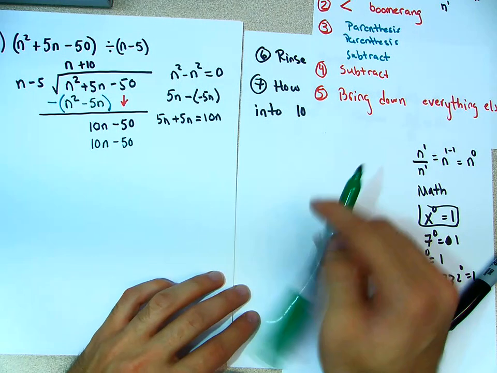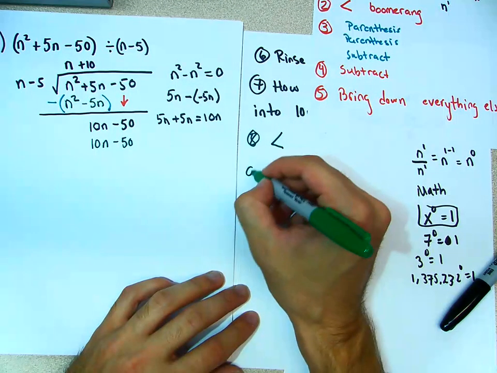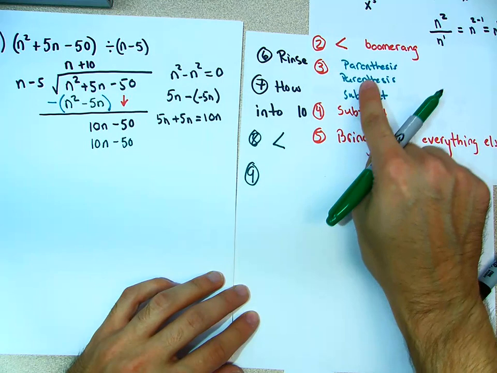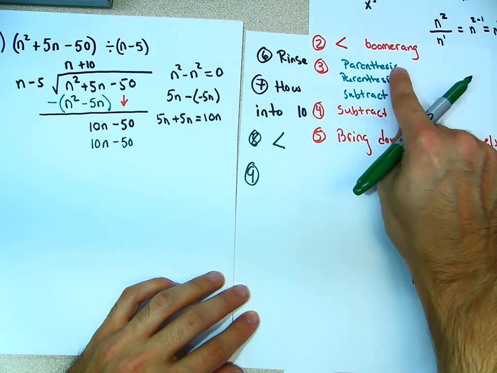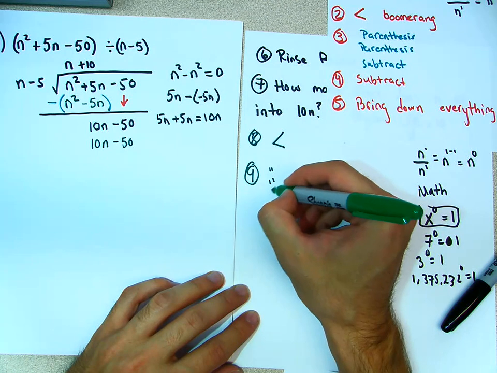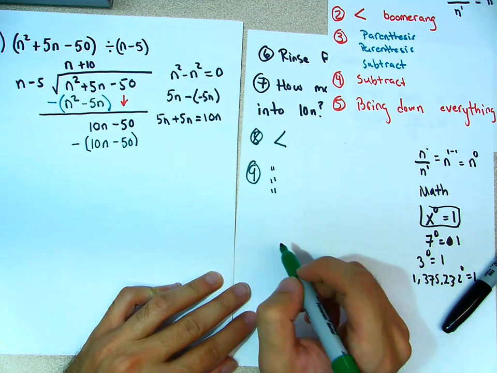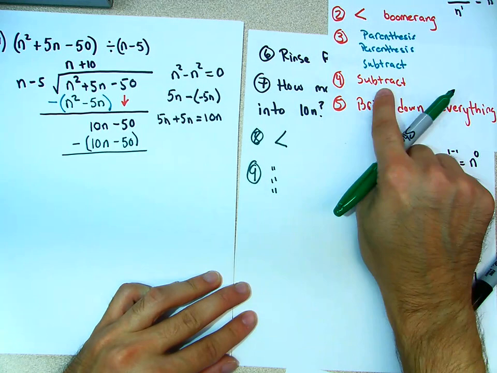Okay? So what was our step 8? Step 8 was boomerang. Step 9, what do we do? After boomerang, parentheses, parentheses, subtract. Right? So you could write that. Parentheses, parentheses, subtract. And then you subtract this.